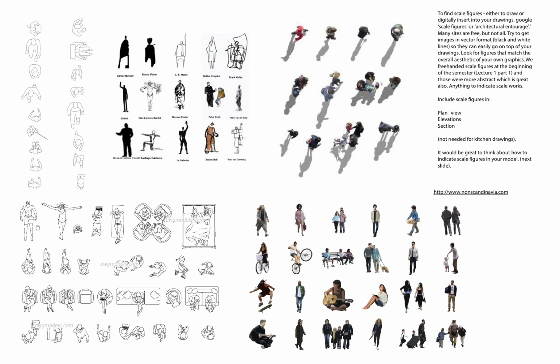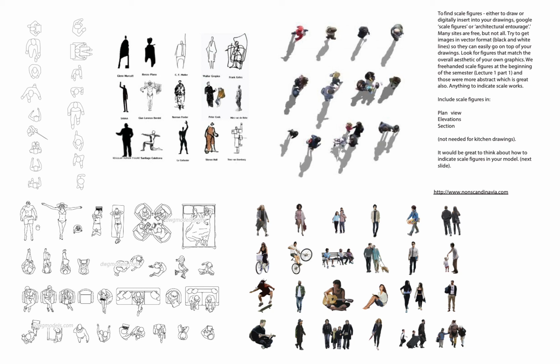But definitely just look around. Lecture 1, part 1, had examples of free-handed scale figures. So reference that, and then just do some research online and in your book on how you are going to represent them in your own drawings.